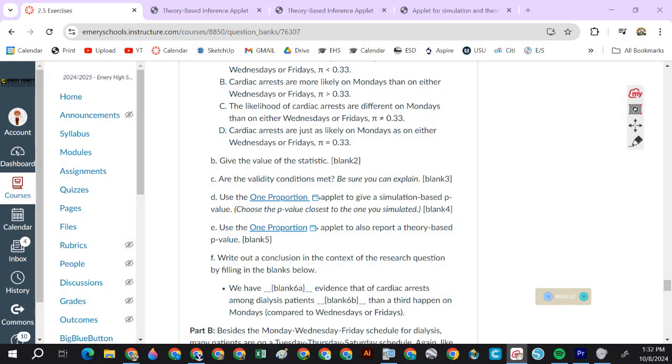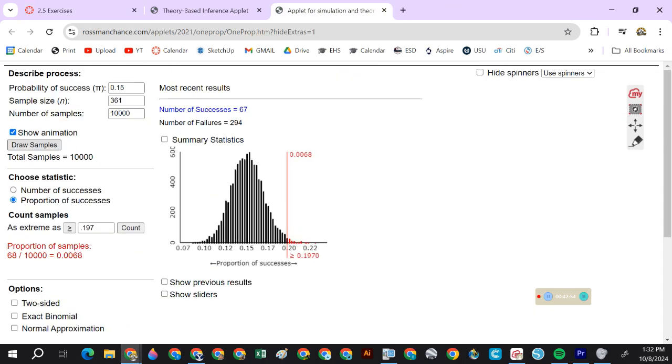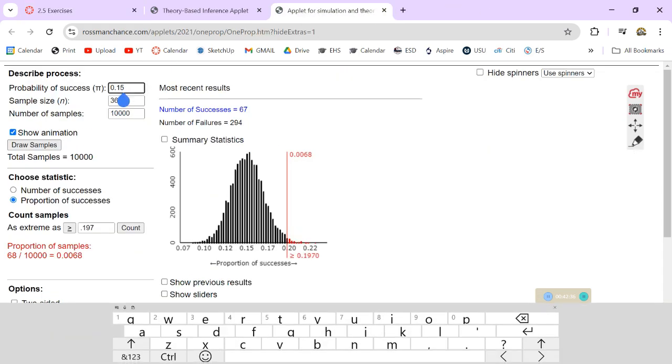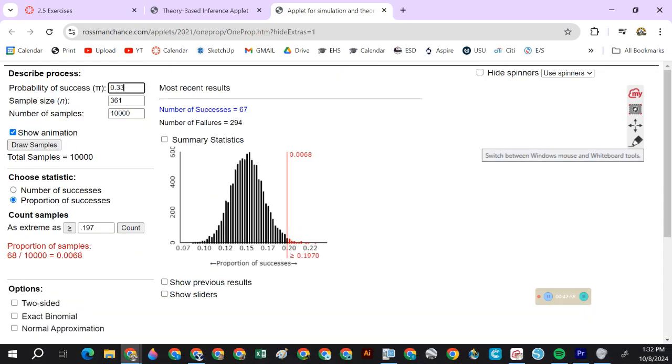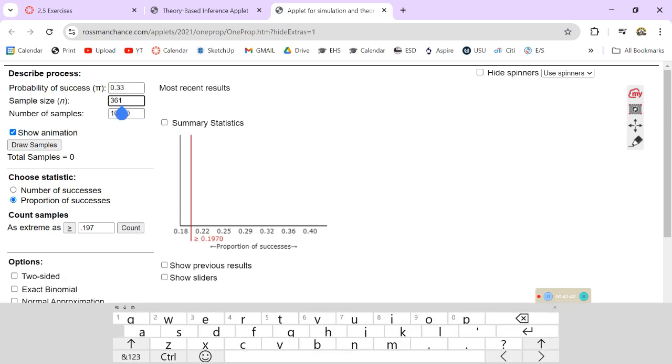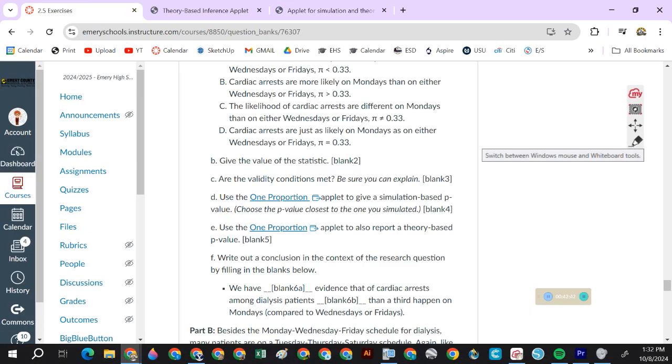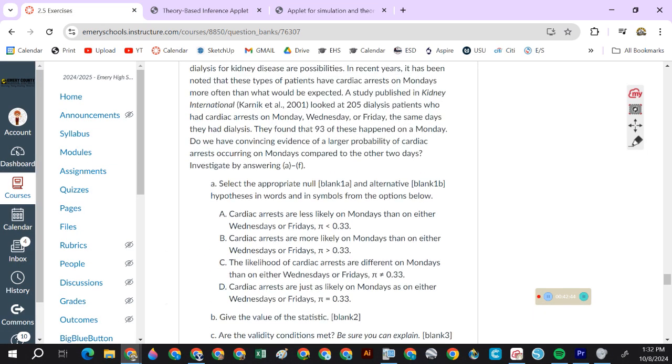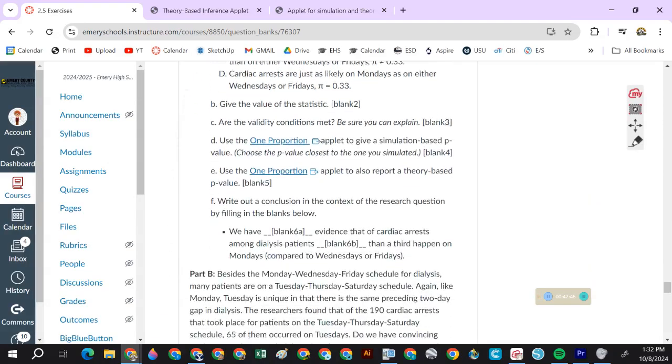So, if we do a simulation-based approach, what do you get? So, let's do a simulation. So 0.33, and what was it, 205? What are our values? 205 and 93.